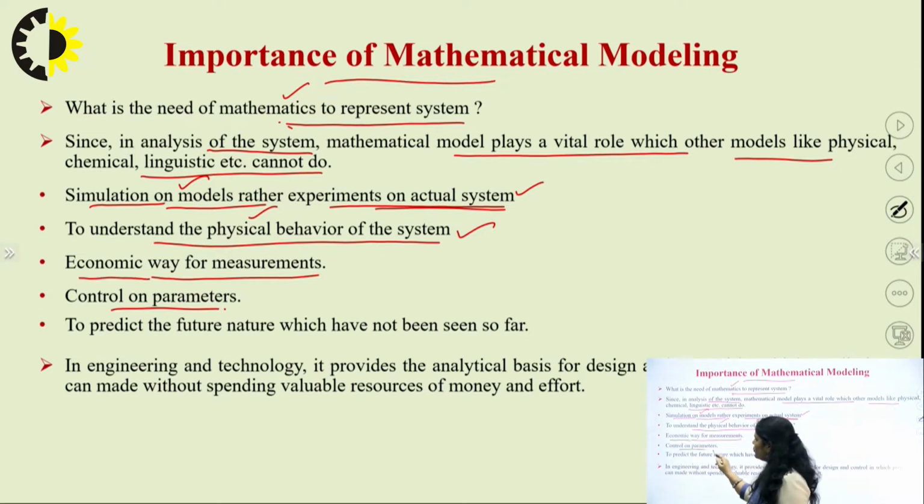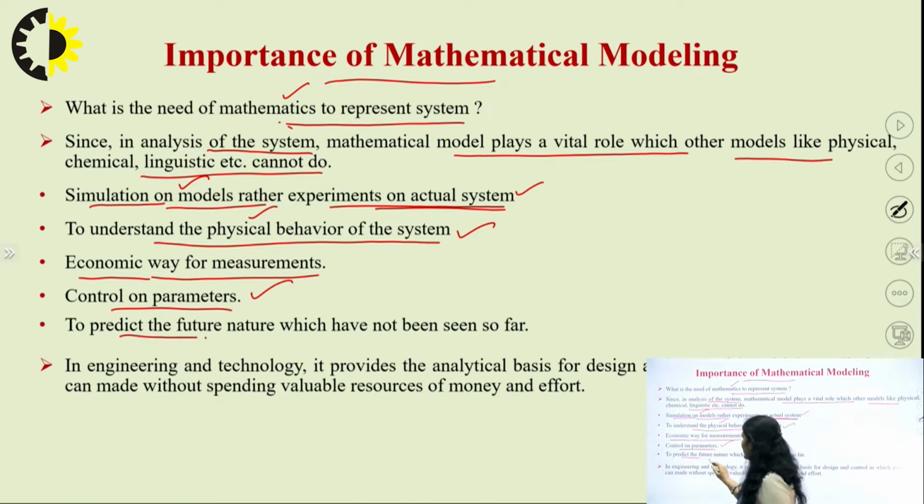If we want to control the parameters, because we are relating the different parameters, we can see the impact of each parameter on the system. And if a parameter is impacting the system to a great extent, then we can control and improve those parameters.